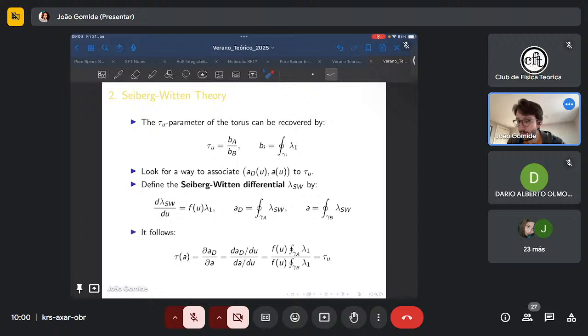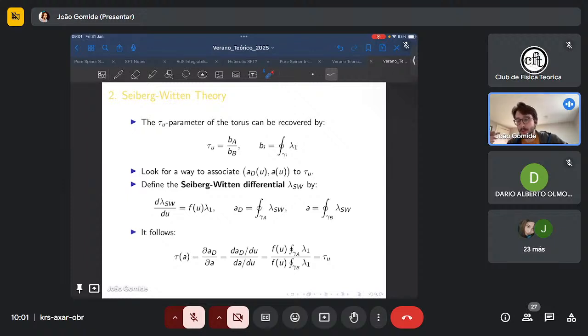So basically, the idea is that at each point in the moduli space, we associate a curve. This curve is a torus, and this torus is called the Seiberg-Witten curve.